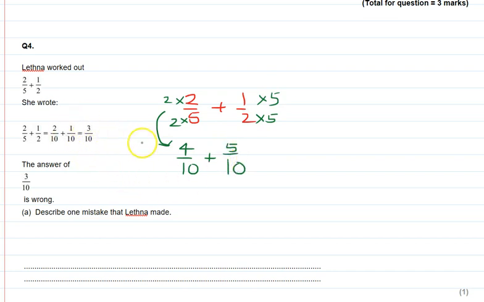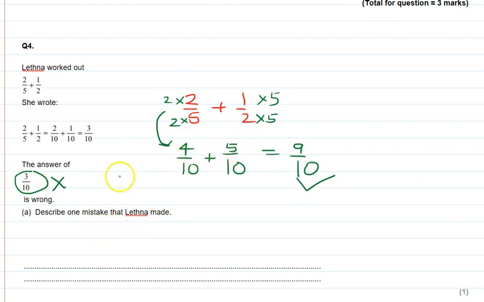So what mistake has she made? 4 plus 5 is 9 over 10. So the answer of 3 over 10 is wrong. The correct answer is 9 over 10, and this working you can show.